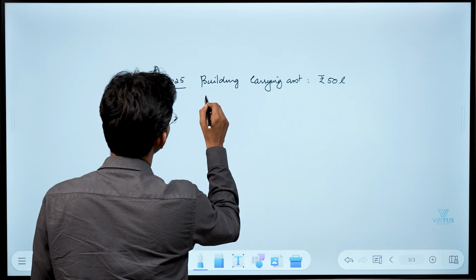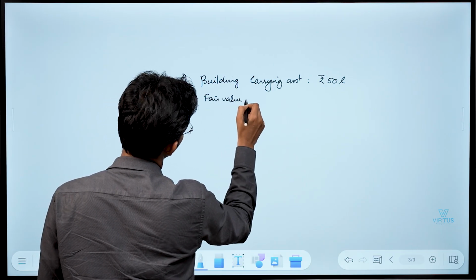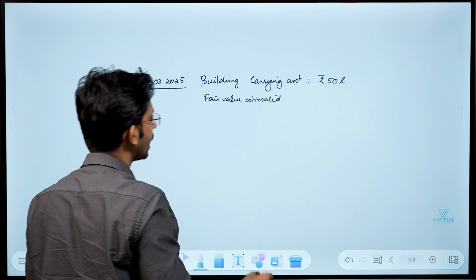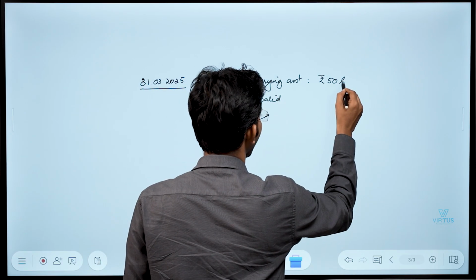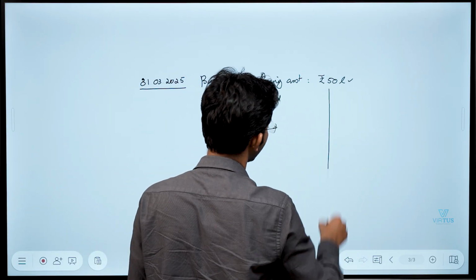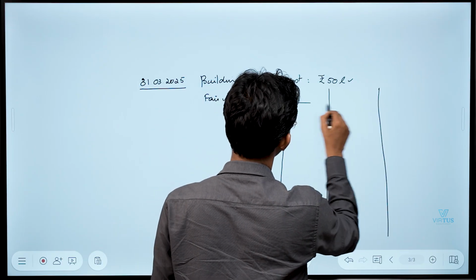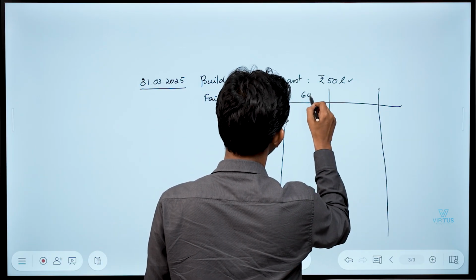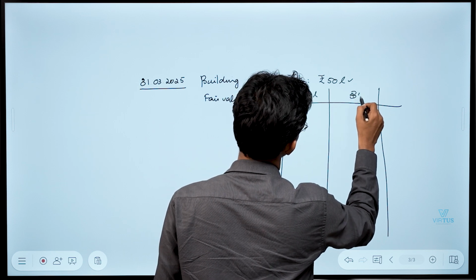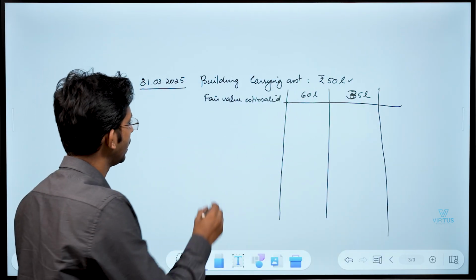So here you estimated its fair value, and the fair value could be higher than 50 lakhs or lower than 50 lakhs. Let me take two examples. The first one, it was 60 lakhs, and the other, let's say 35 lakhs.